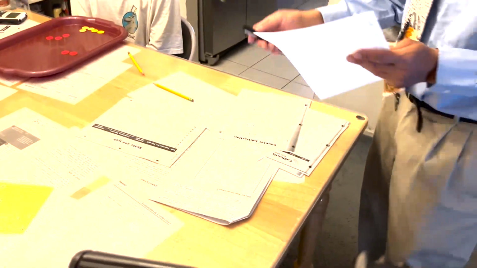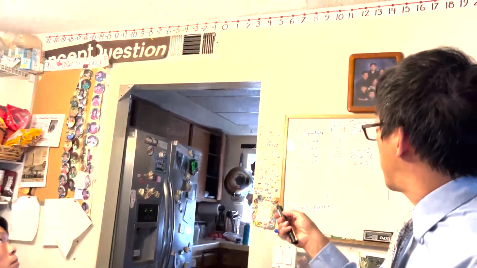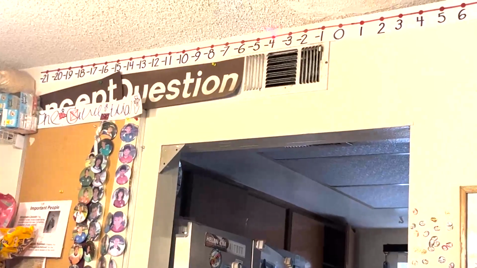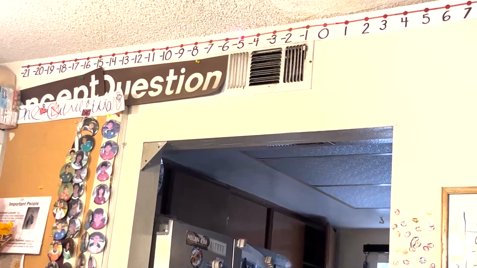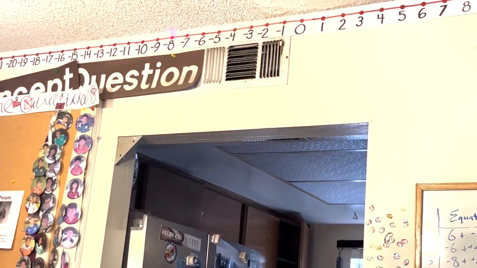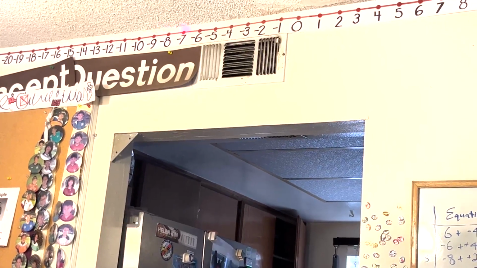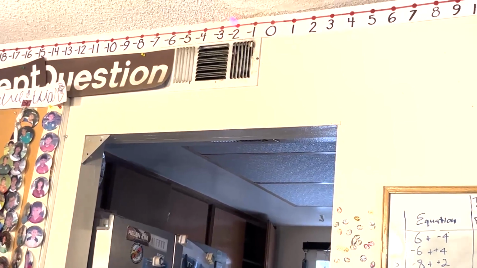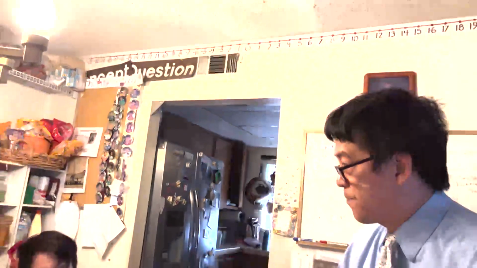Does that make sense? Let's go to -5. And we're going to take away what? -3. 3 negatives, right? Now, if we take away 3 positives, we go 1, 2, 3. Are we taking away 3 positives? No, we're taking away 3 negatives, so it goes the other way. 1, 2, 3. And we get -2, right?